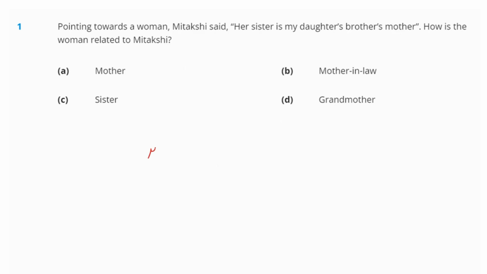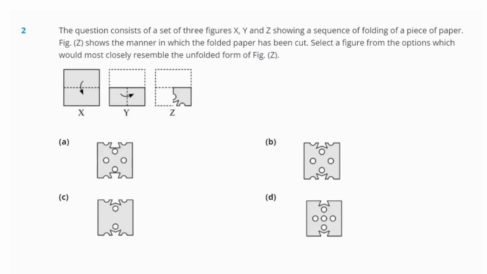So, Mitakshi's daughter's brother will be her son, and his mother will be Mitakshi herself, and the sister of Mitakshi will be Mitakshi's sister. So answer C is a correct answer. Moving on to the next question.